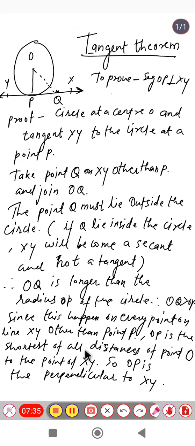That means OP is the shortest distance from the point O to the points of XY. So that's why OP is perpendicular to the segment XY.